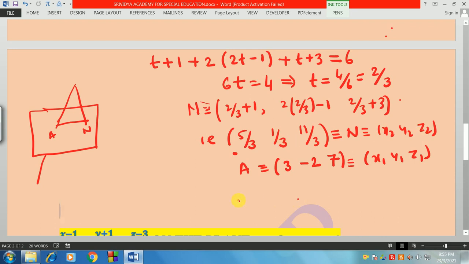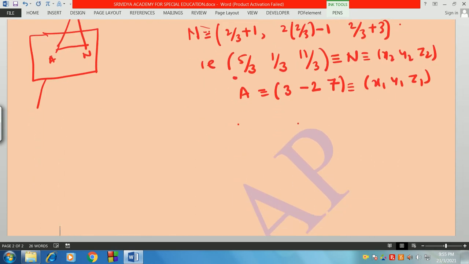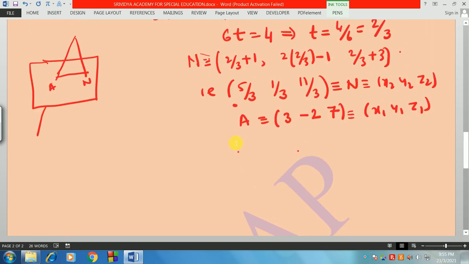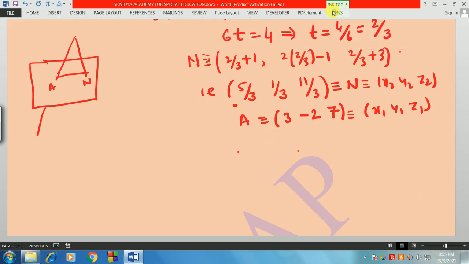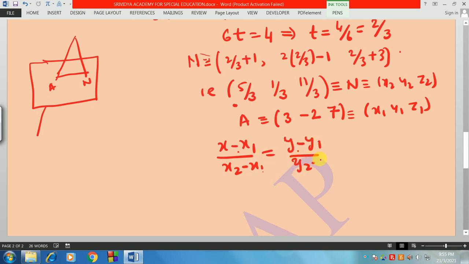we know that the equation of the line when 2 points are given is given by (x minus x1) by (x2 minus x1) is equal to (y minus y1) by (y2 minus y1) equals (z minus z1) by (z2 minus z1). So here (x1, y1, z1) is (3, -2, 7), and (x2, y2, z2) is (5 by 3, 1 by 3, 11 by 3).